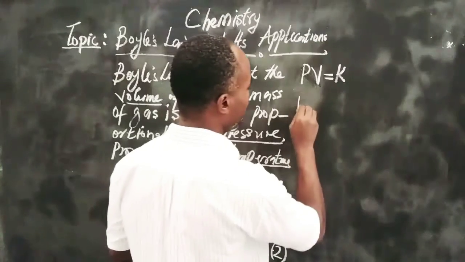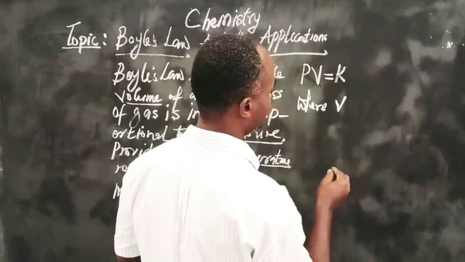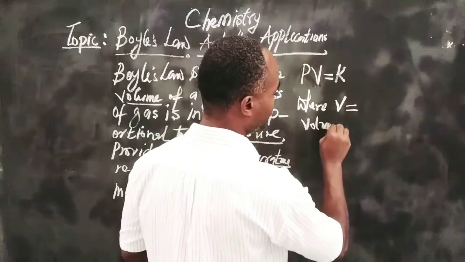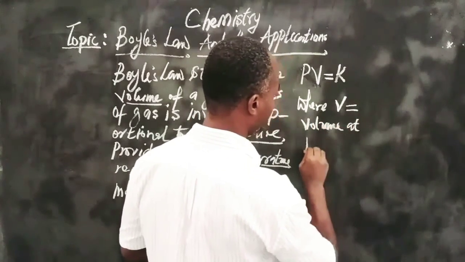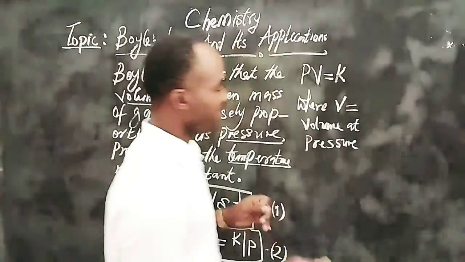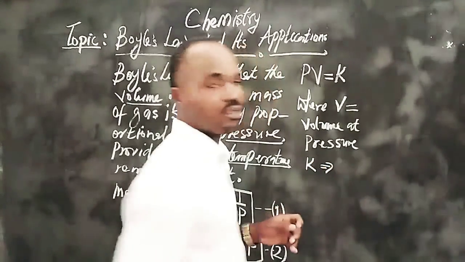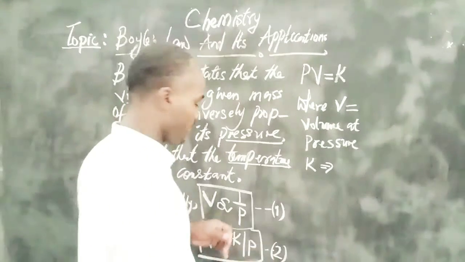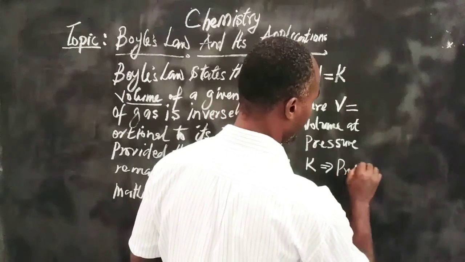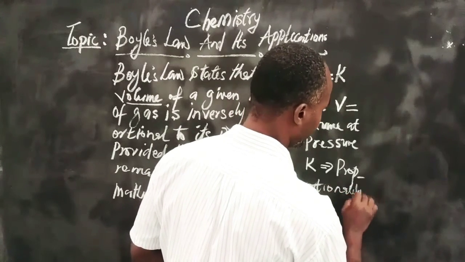Where V implies the volume at pressure P, and K implies a proportionality constant.